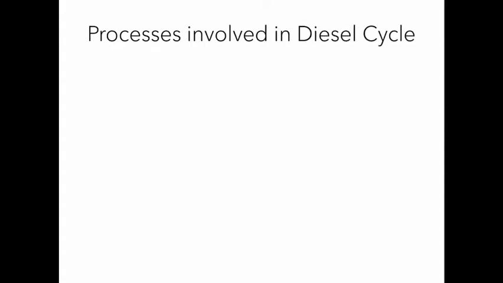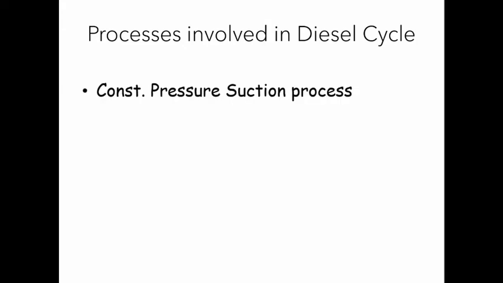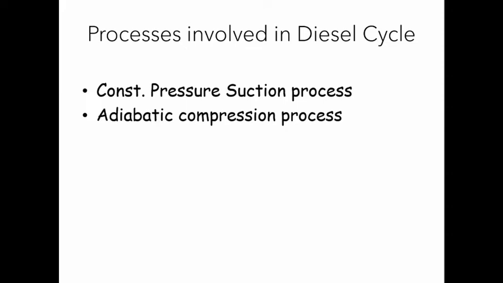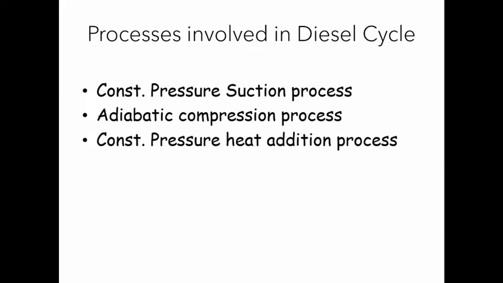From the animation, we came to know that the diesel cycle is composed of various processes. The first process is the constant pressure suction process, in which air is taken into the engine cylinder, then the adiabatic compression process, then the constant pressure heat addition process.